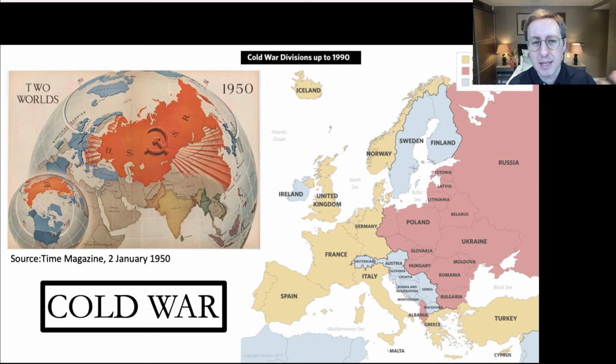Europe becomes a much less significant player. And in the right hand, then you see a more familiar map of Europe based on the NATO countries and the Warsaw Pact countries division.